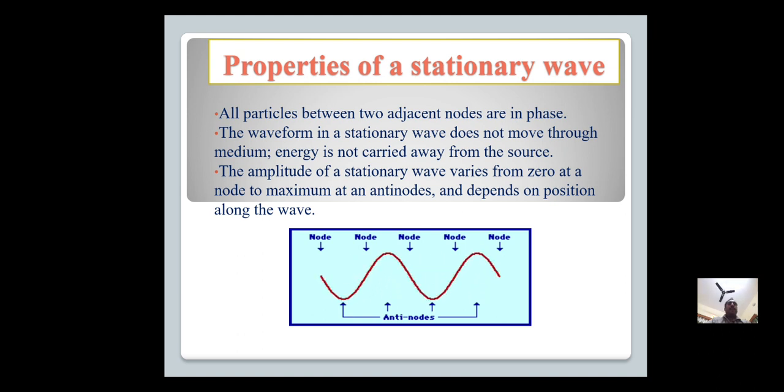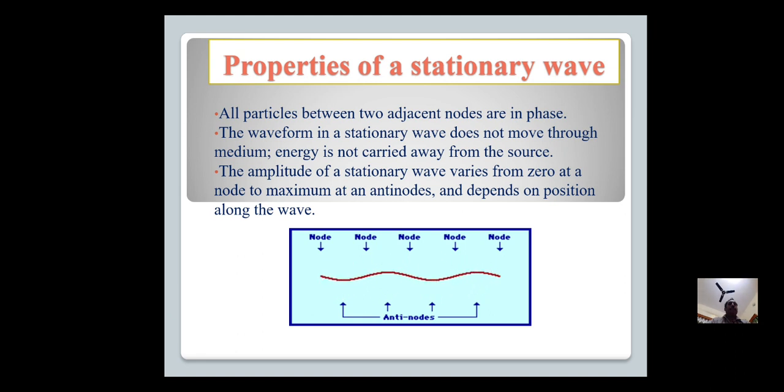The waveform in a stationary wave does not move through the medium. As the net transfer of energy is zero, energy is not carried away from the source, and the waveform appears stationary in the medium, therefore it is called a stationary wave.